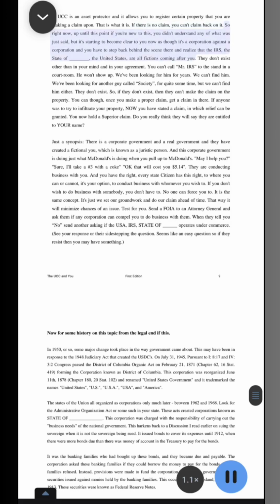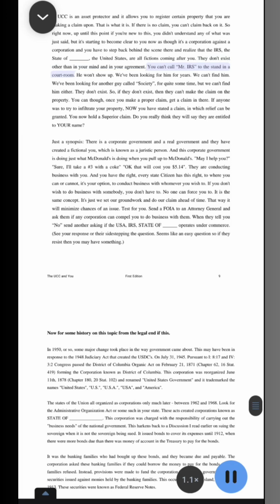If there is no claim, you can't claim back on it. So right now, up until this point, if you're new to this, you didn't understand any of what was just said, but it's starting to become clear to you now, as though it's a corporation against a corporation, and you have to step back behind the scene there and realize that the IRS, the state of blank, the United States, are all fictions coming after you. They don't exist other than in your mind and in your agreement.